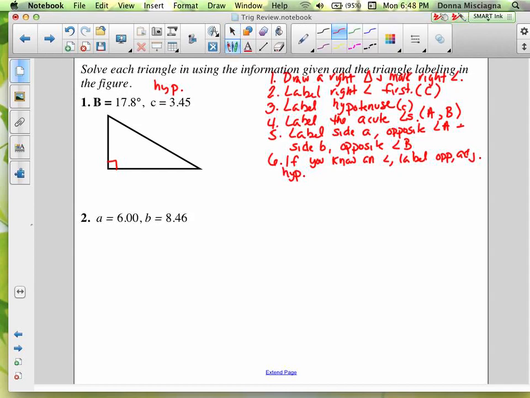It is the hypotenuse. So the hypotenuse is 3.45. It's important where we label the hypotenuse. There's only one hypotenuse in the triangle. It doesn't matter where I label the other sides relative to that, because this doesn't have to be drawn to scale, but I do need the hypotenuse in the right spot. So 3.45 is the hypotenuse.